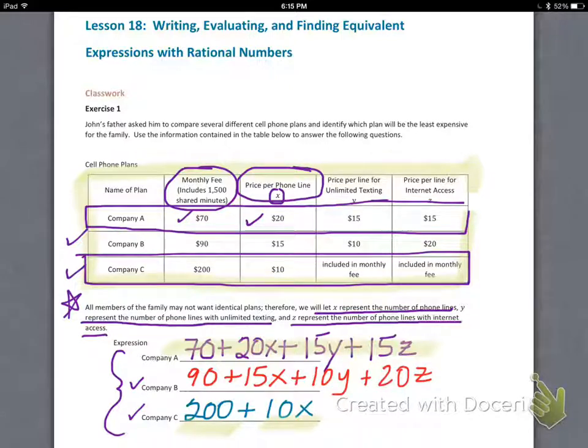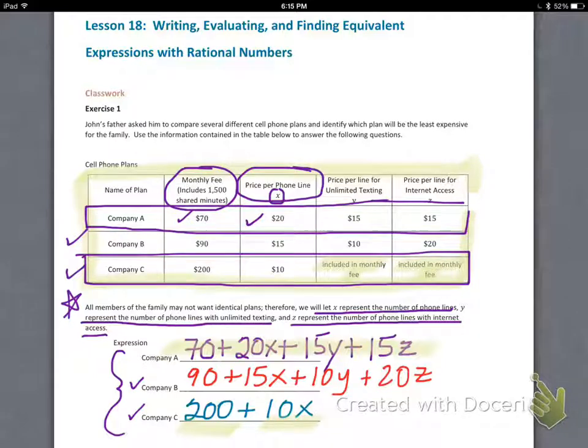So what they do is they include unlimited texting automatically, and included the monthly fee as well as internet access. And this does happen very often in real life, that companies will offer packages such as this, a higher monthly fee, but with more added services.